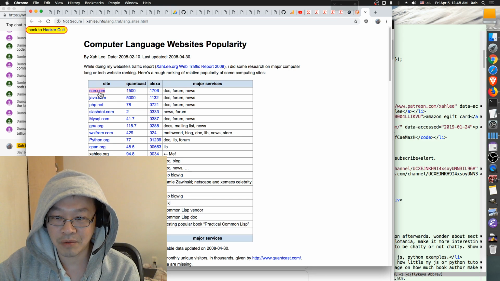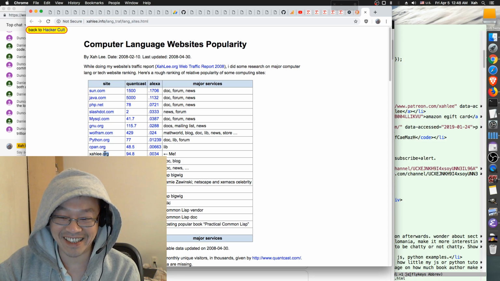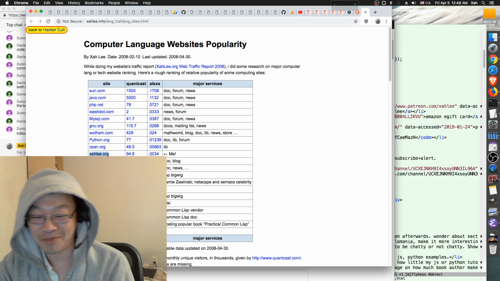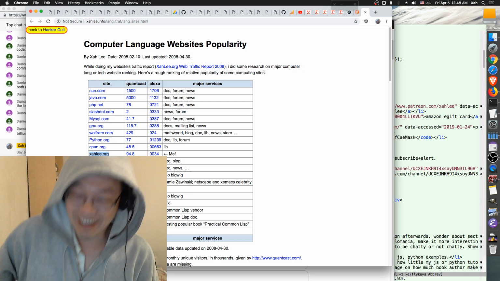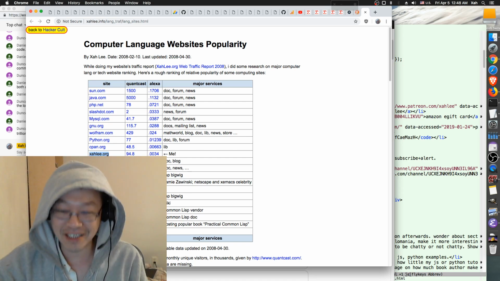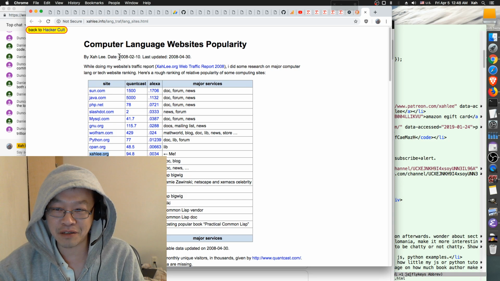Basically, Sun was the most popular, then Java, then PHP. By the way, you see my website back then is this one. I was ranking quite high, higher than Perl. By the way, this is 2008.